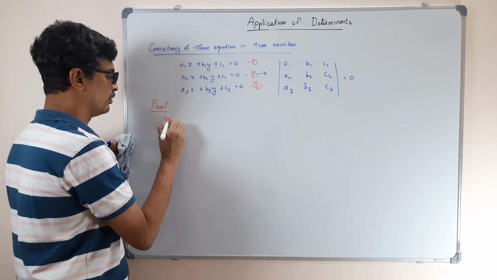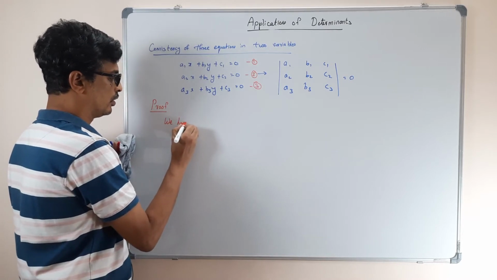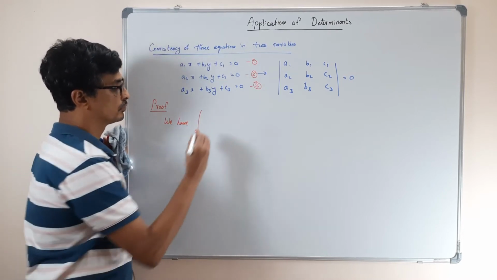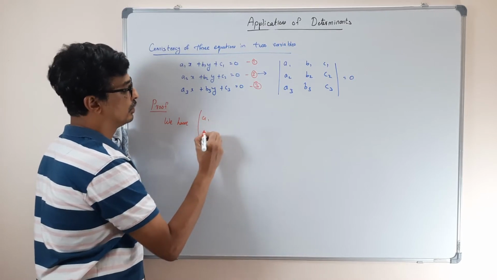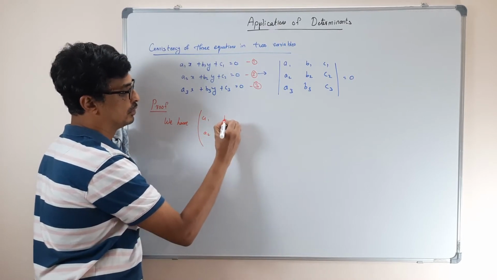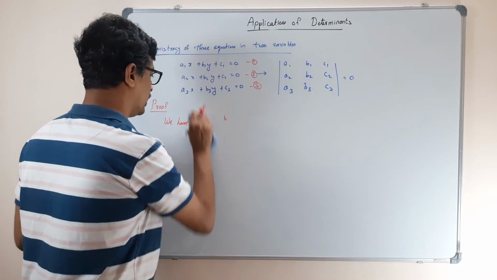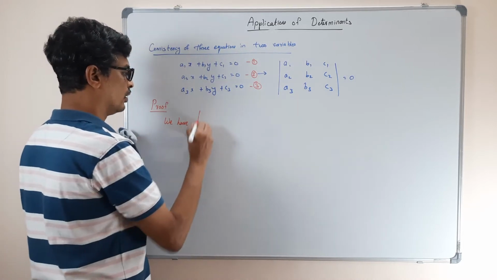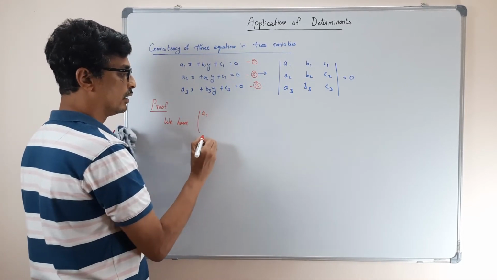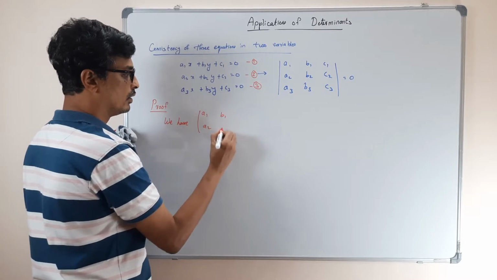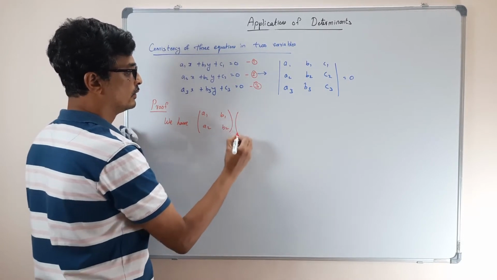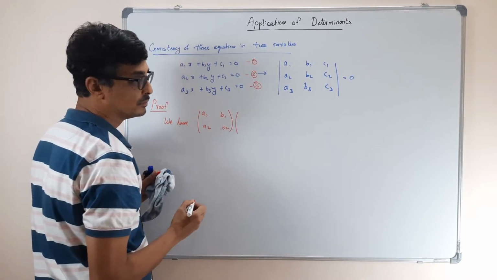Tell me the matrix. A1, A2, B1, B2. Tell me fast. What is that? A1, A2, B1, B2, C1. Oh, sorry, C should be there.